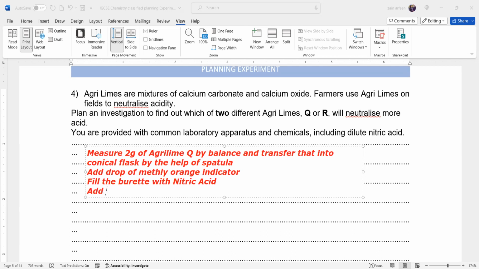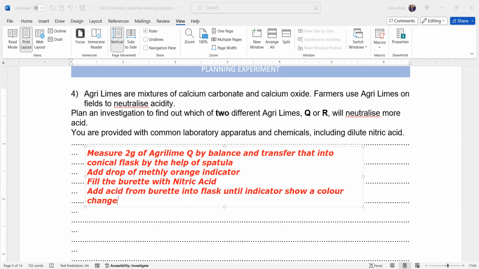Then add acid from the burette into the flask until the indicator shows a color change. Then once the indicator shows a color change, record the volume of acid used.